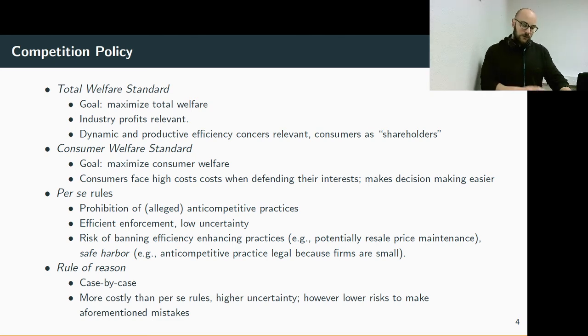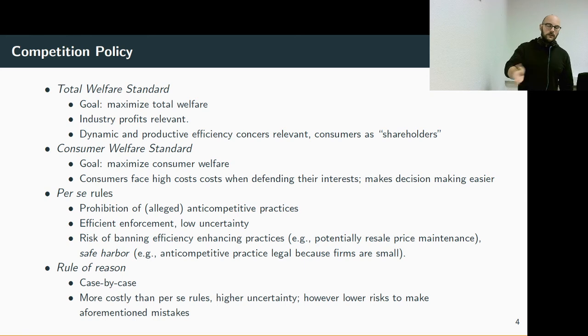If there is collusion between firms, there are going to be fines. There's basically little leeway here. And there's also low uncertainty from the viewpoint of the firms. There's uncertainty about the fines and, of course, about whether being caught or not. However, there's no uncertainty whether this certain practice is illegal or not, because it's per se forbidden, right?